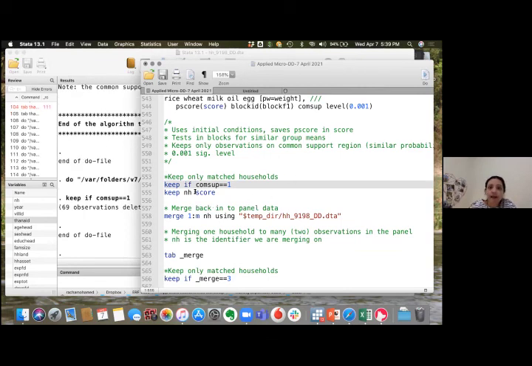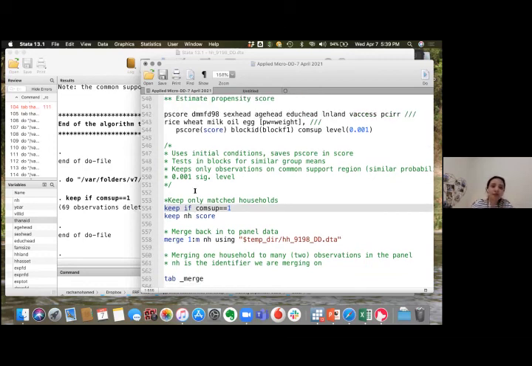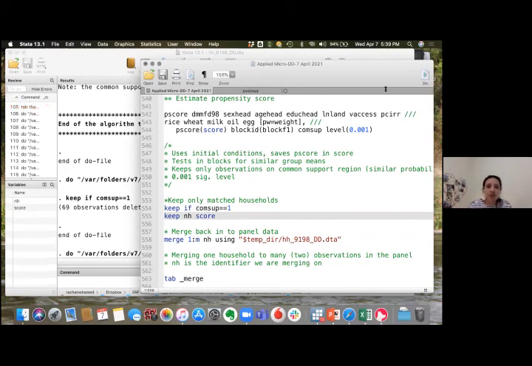Okay, and all what I need from this analysis, I want to keep the score. So I match between the individuals, but I want to keep only the score because, as we saw last time, we will use the score to construct a weight that I will use in my analysis. So I will keep for each household that I'm sure has a counterpart with whom I can match, and the score.